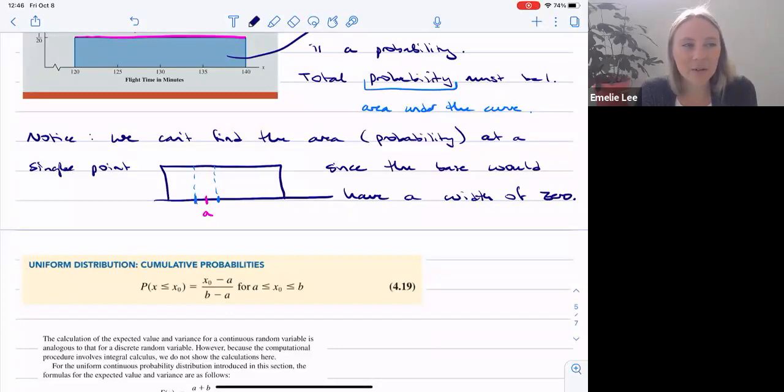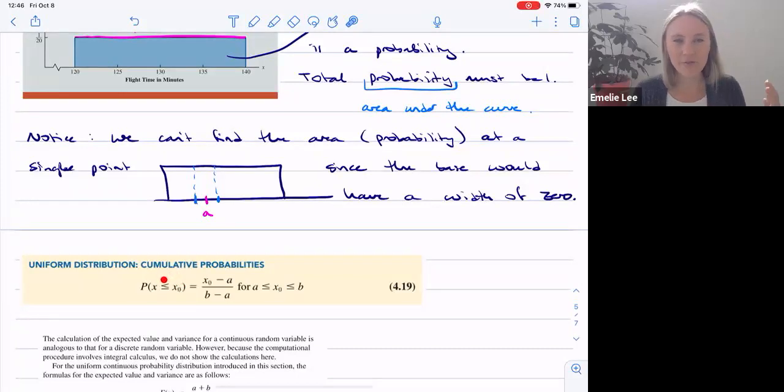And so another way that we could use this probability density function is to find what we call cumulative probabilities. Now, cumulative probabilities have some cutoff point, x naught, we'll call it here, and it's going to find the probability of x being less than and up to some x naught.